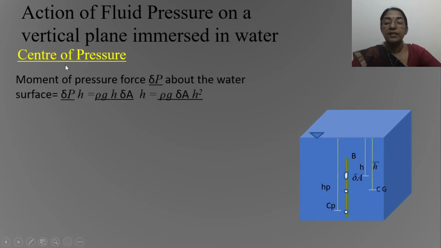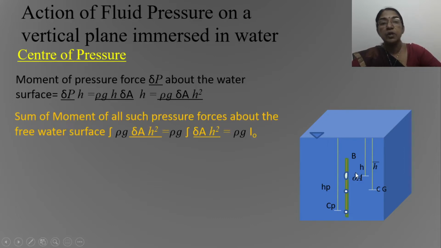So we can write this expression as rho g into delta A into h squared. The sum of the moments of all such pressure forces about the free surface can be written as the integral of rho g into delta A into h squared.